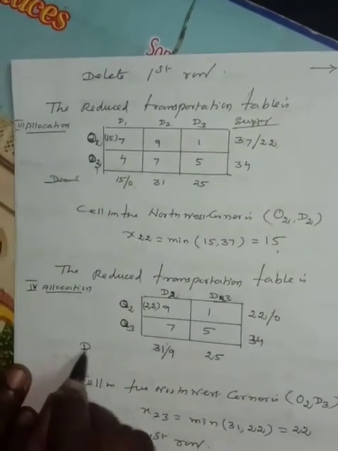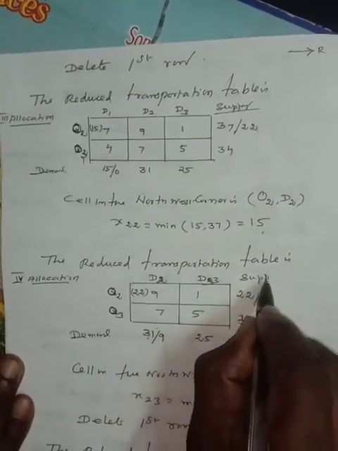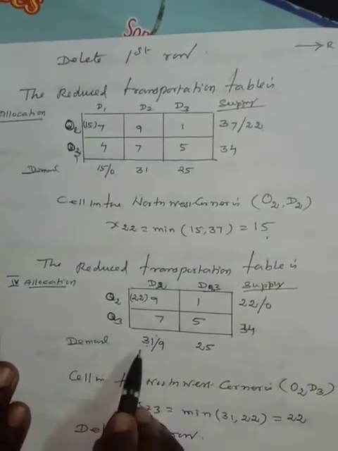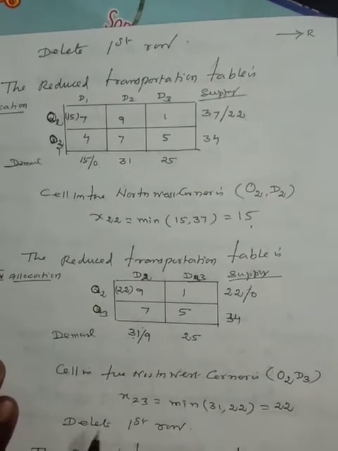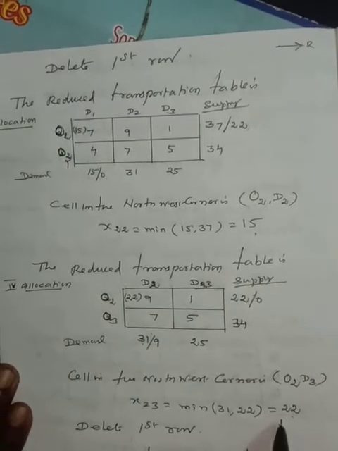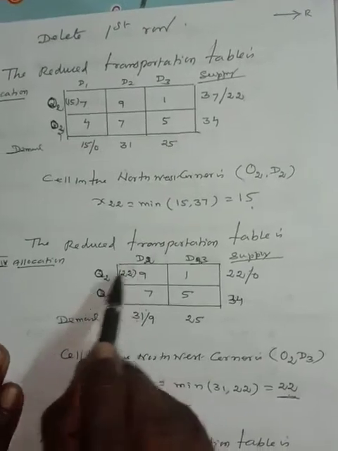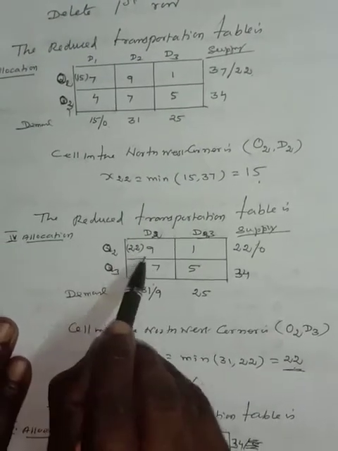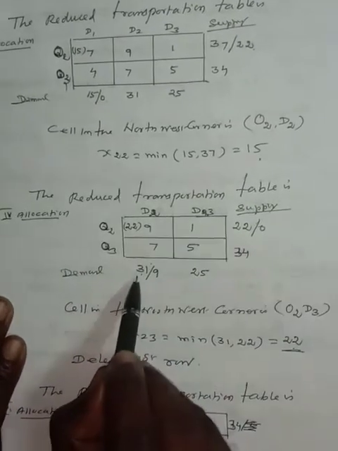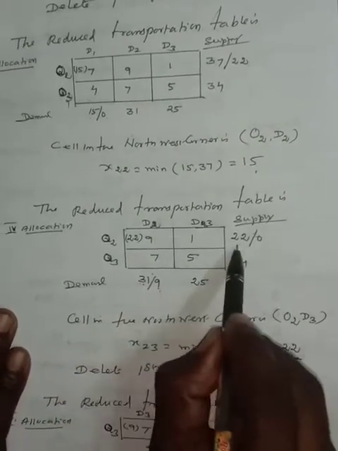Demand 31, supply 22. The minimum of 31 and 22 is 22. Put 22 in the first box. 22 minus 22 is 0, and 31 minus 22 is 9. So demand 31 becomes 9, and supply 22 becomes 0.